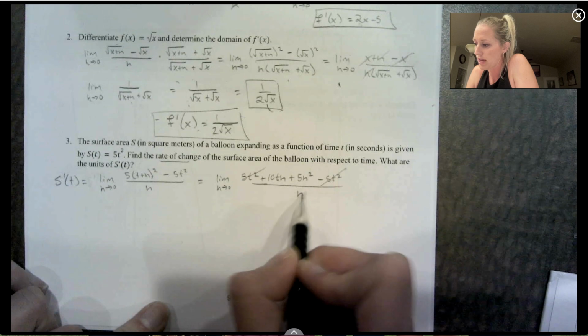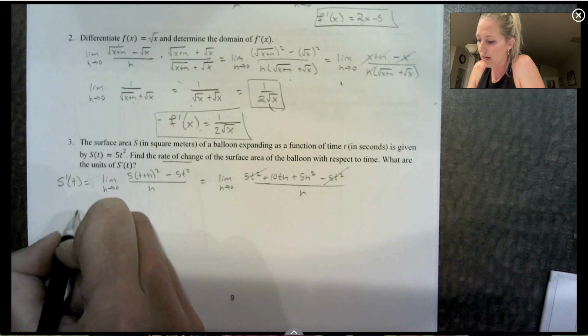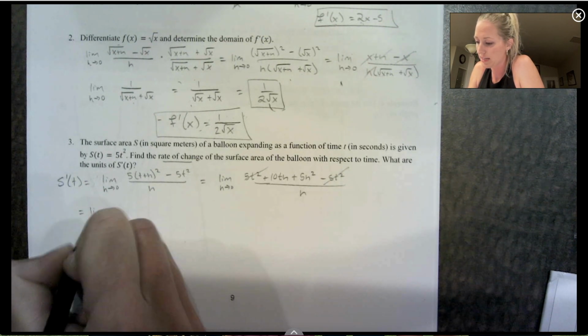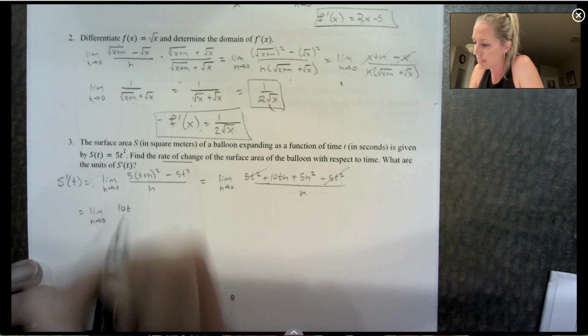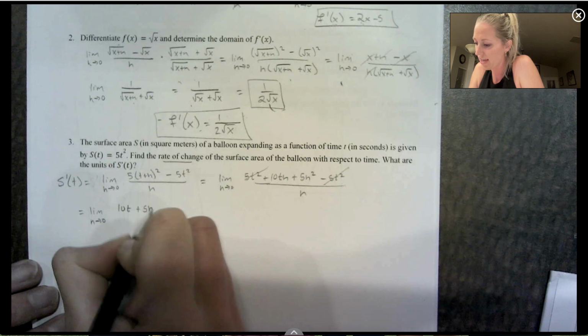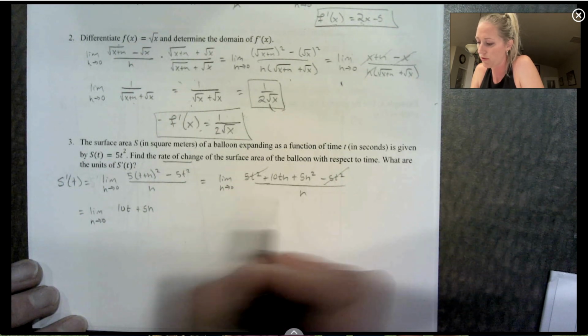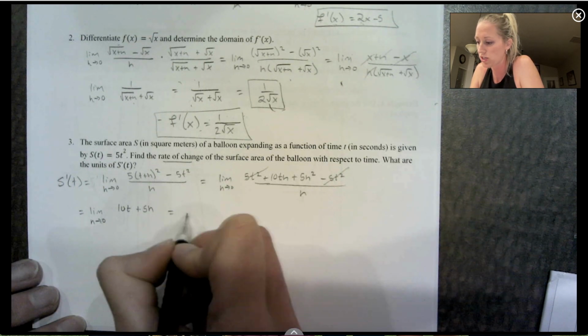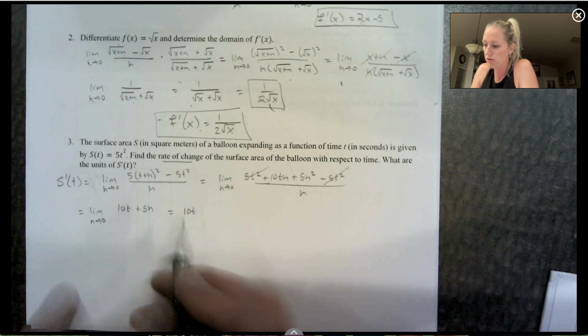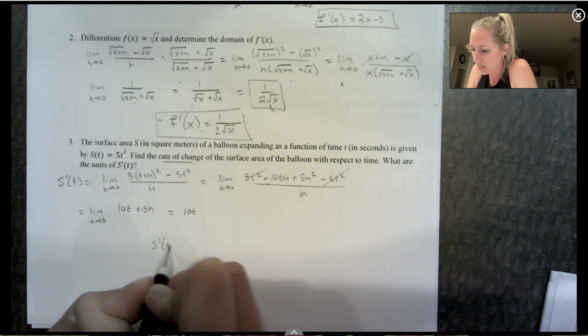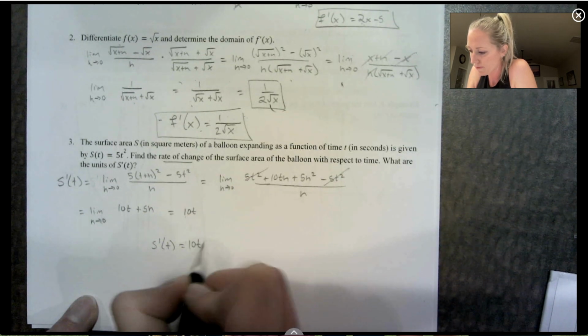We can divide out an h from both of those. So we get the limit as h approaches 0 of 10t plus 5h, right? Now plug in 0 for h, and we just get 10t. Okay, so this is my derivative. So s prime of t equals 10t.